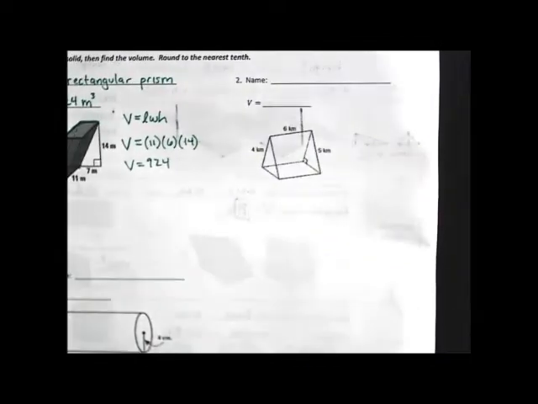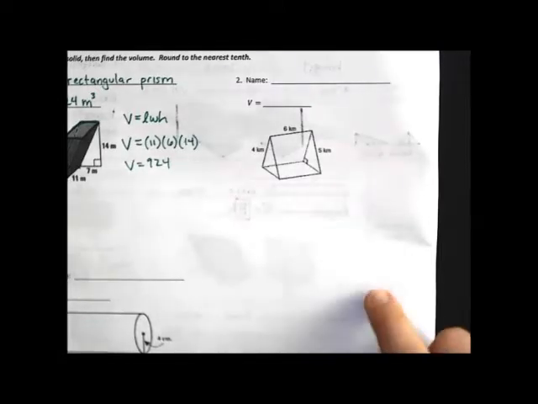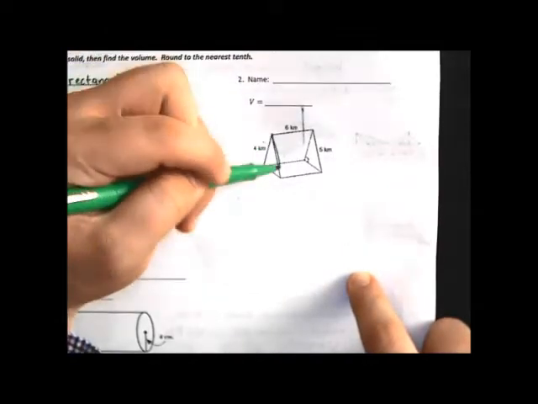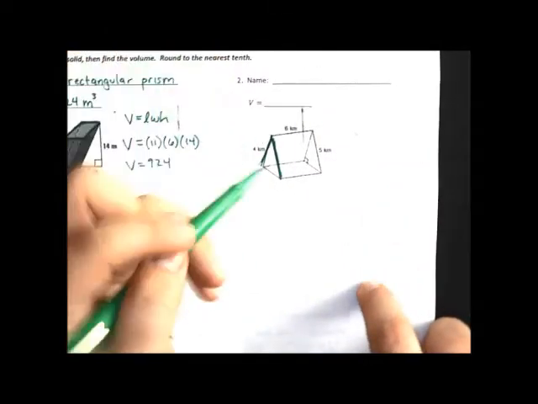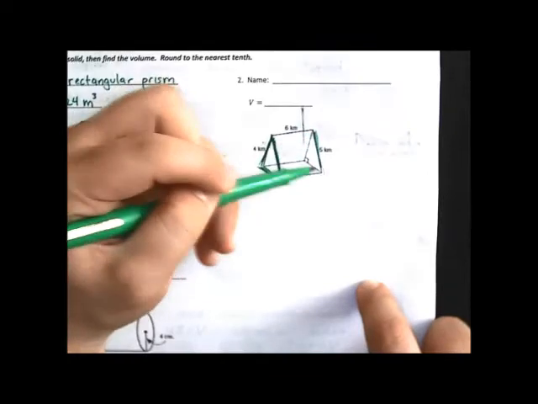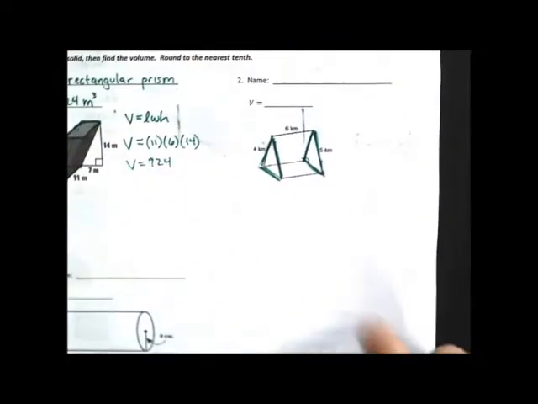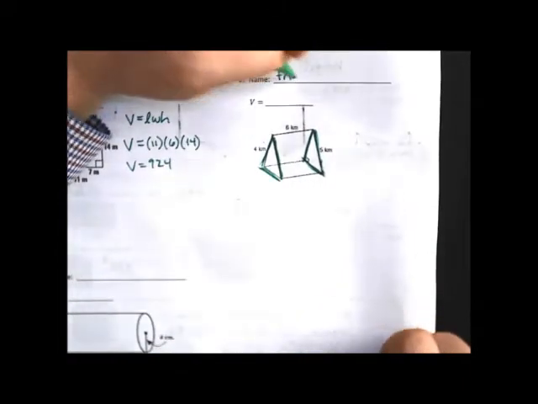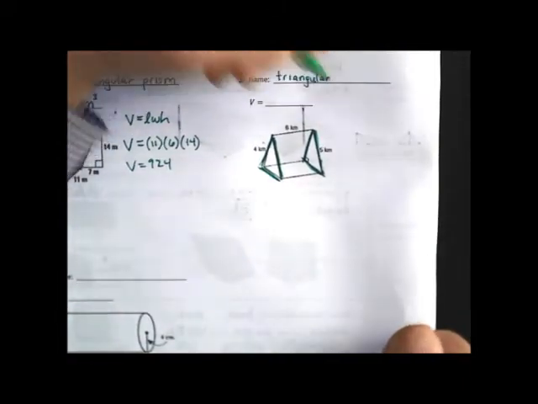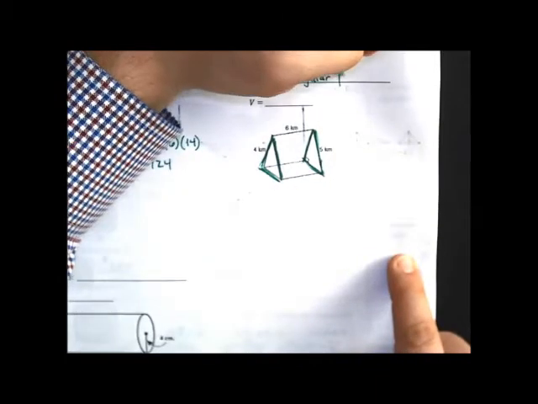If we move on to the next picture, number 2, we need to first identify what the bases are. All right, so let's see here. I would say, if I'm looking at this, that I have 2 identical, so congruent, and parallel triangles, meaning I have a triangular prism.